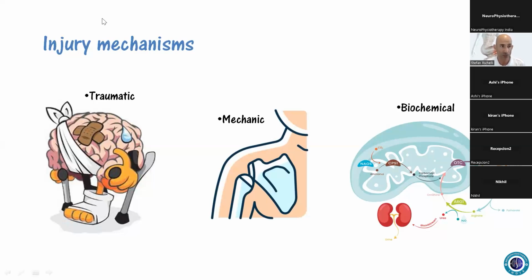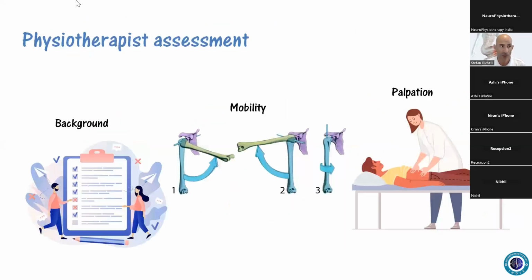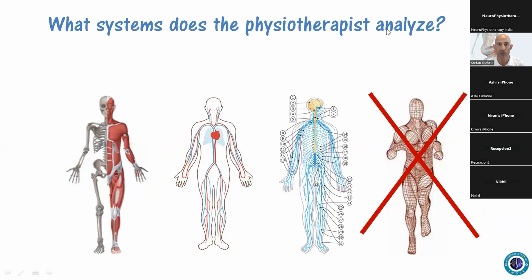So until now, we have the most knowledge about the musculoskeletal system, the blood system, the nerve system. This is what we normally study and analyze in our patients more.